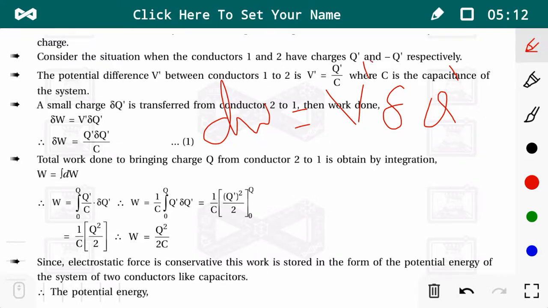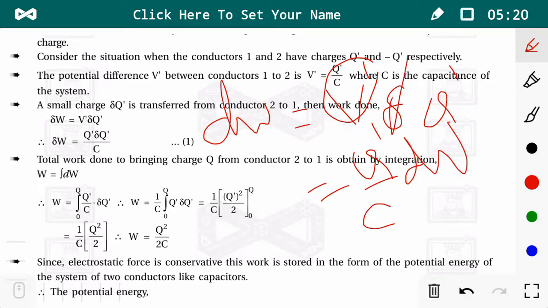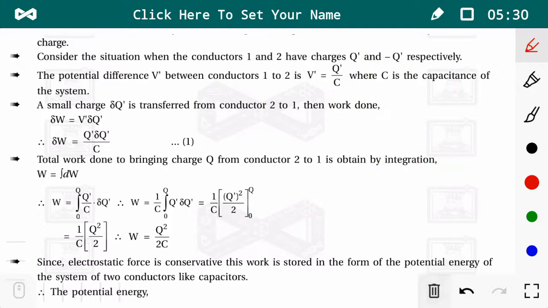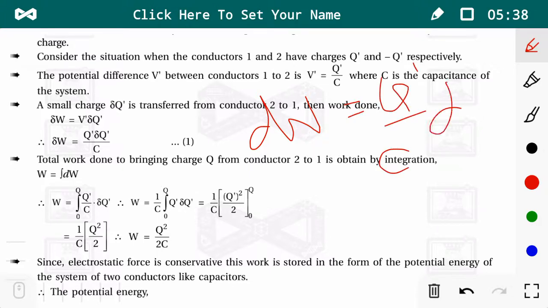Now V dash is equal to Q dash upon C, so dW is equal to Q dash upon C dQ dash.